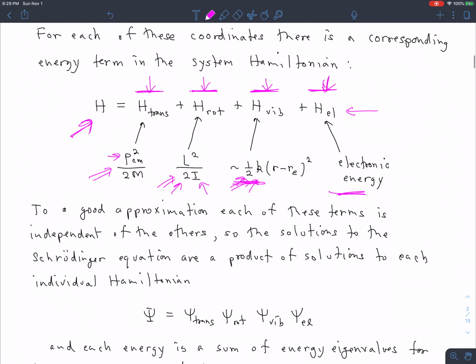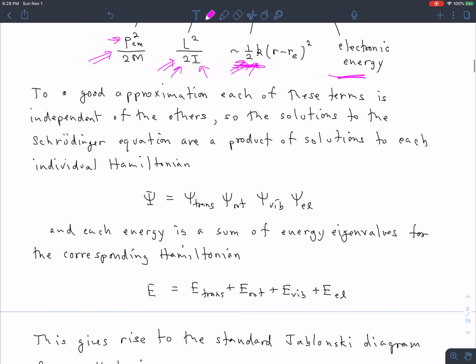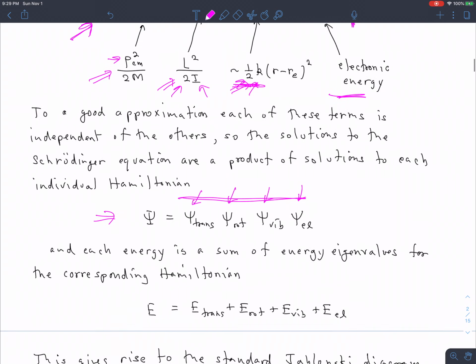Anyway, the fact that these degrees of freedom are roughly, at least, independent of each other means that the overall wave function for the molecule can be written as a product of independent wave functions, and each of these is the solution to a Schrodinger equation for a different kind of problem.